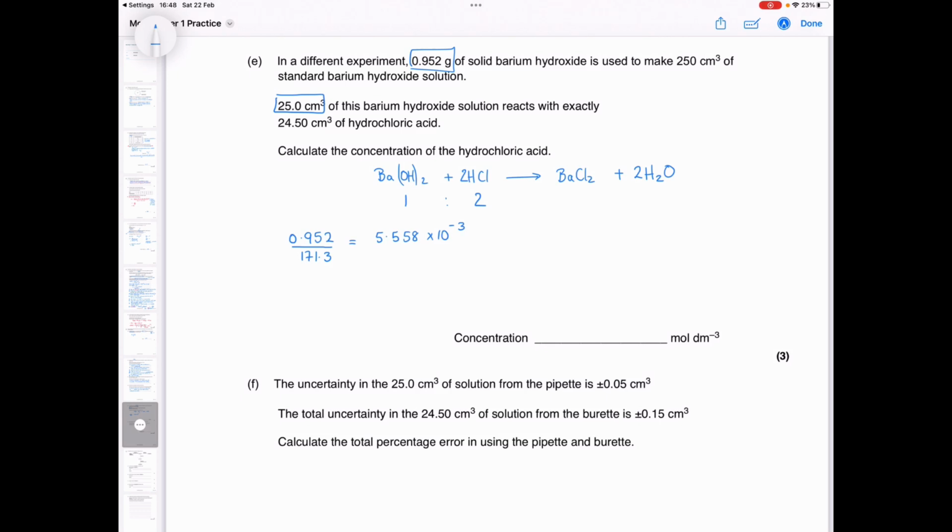So we've got to divide that by 10 because we've used 25 out of 250. So 250 over 25 is equal to 10. So we've got to divide it by 10, which is 5.558 times 10 to the minus 4 moles of barium hydroxide. It's a 1-to-2 ratio, so we now need to multiply that by 2.